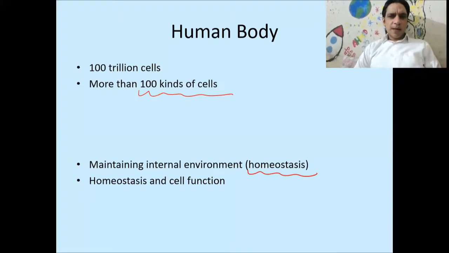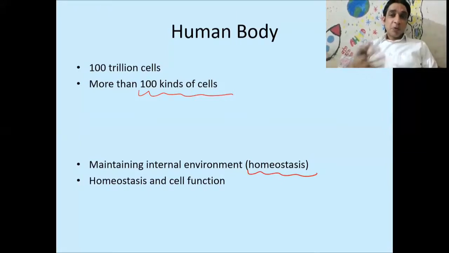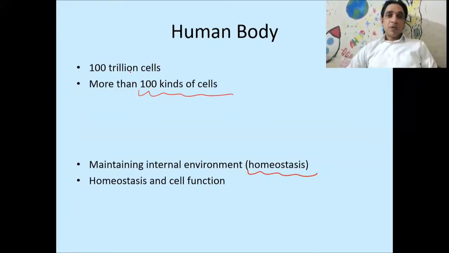So there's a lot of complexity required, and that is natural and logical because human beings are supposed to be the most advanced, most complicated product of evolution. Therefore, human beings should have the most complicated interactions between cells and organs as well.